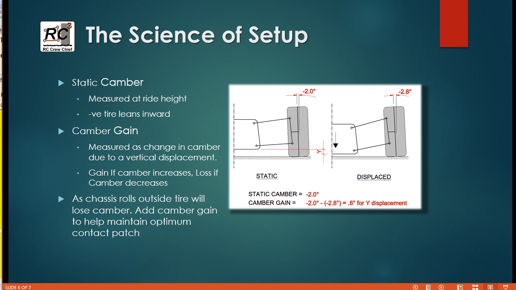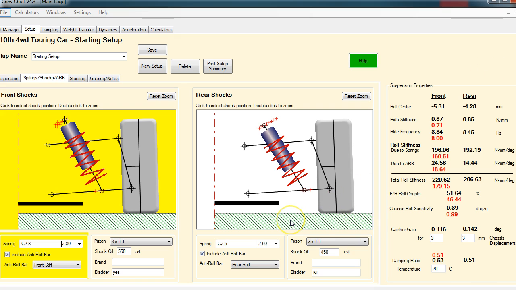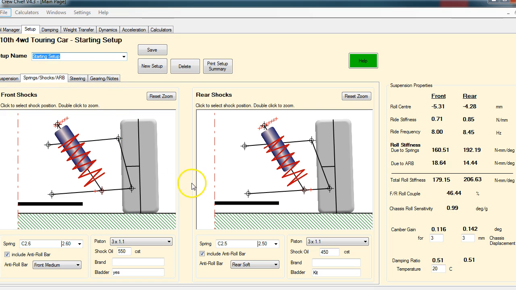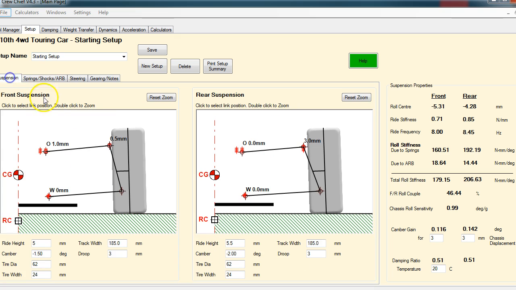So let's just have a quick look here at how we can change camber gain. Let's reset this again. Camber gain is controlled by the angle of your arms. The more down angle you have on your upper link, or the more that the upper and lower links converge as they move inward, the more camber gain you will have.